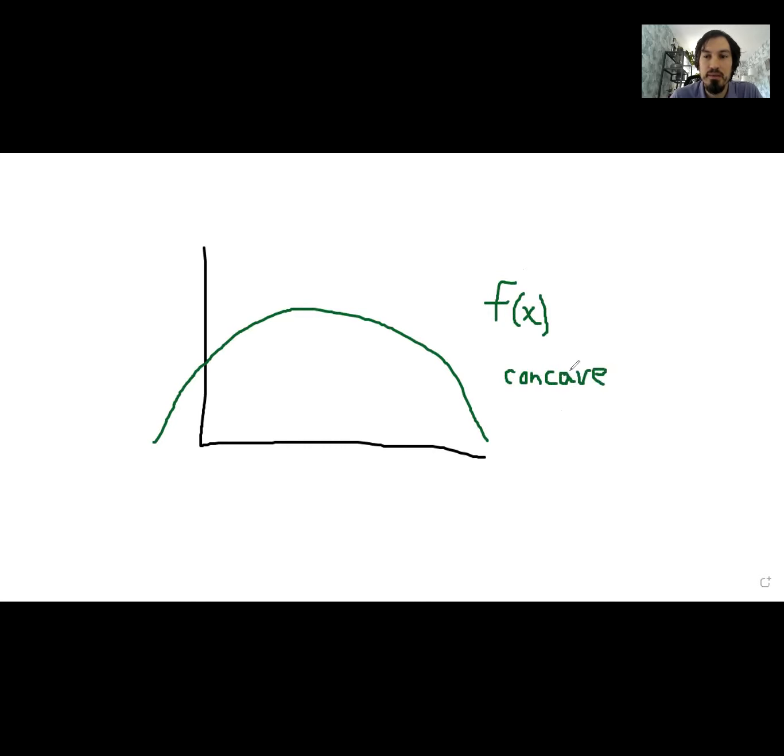Use this point here at the top of the hill, but also because f double prime, not f prime, but f double prime is negative. That means the slope is always decreasing. You think about the slope at any time. Here I'll draw some slopes in red. Here's a slope, red. Here's another slope in red. Here's another slope in red.